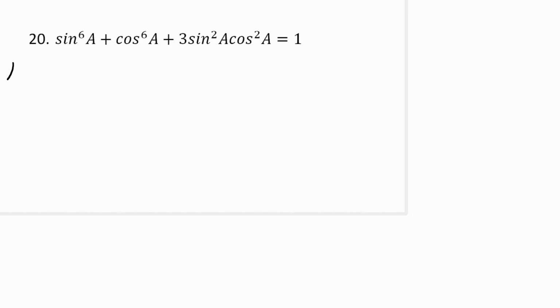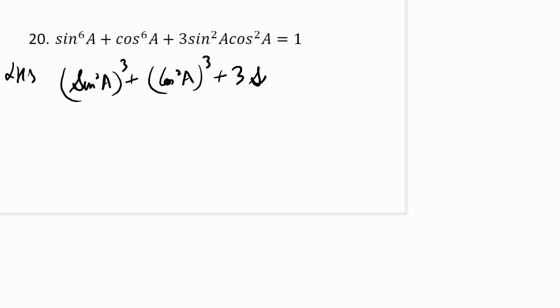So we will write the left hand side as sin square a whole cube plus cos square a whole cube plus 3 sin square a cos square a.